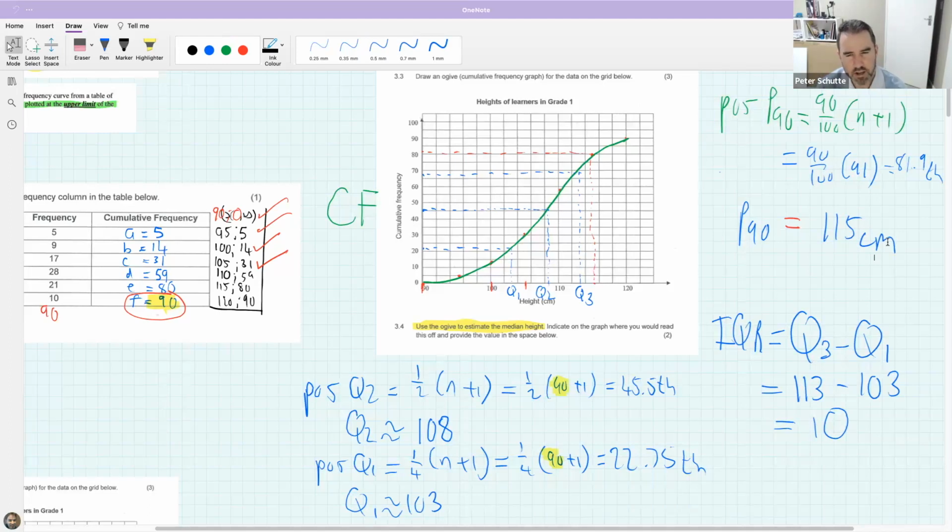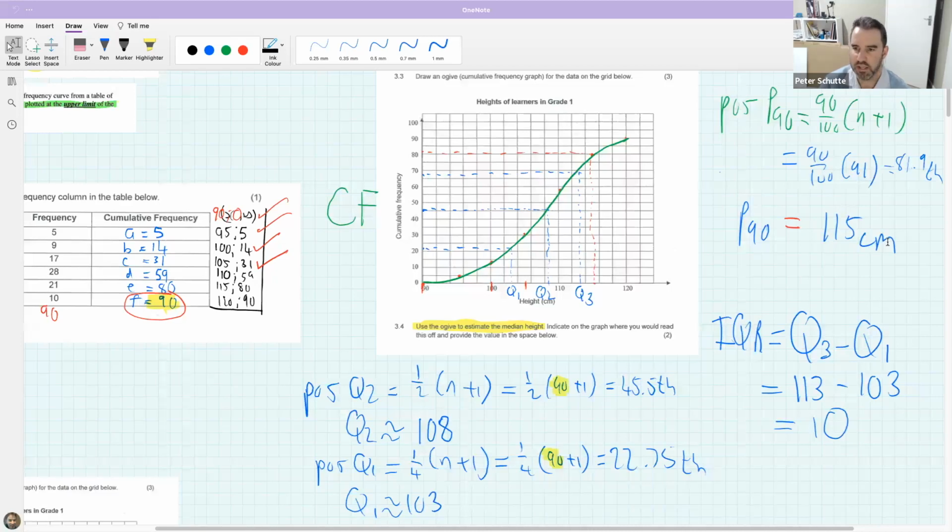Give me a thumbs up if you feel like you understood how I estimated P90, and give me a thumbs down if you feel a bit lost. Okay. Now, what does that mean? It means that 90% of the students are 115 centimeters in height or shorter.